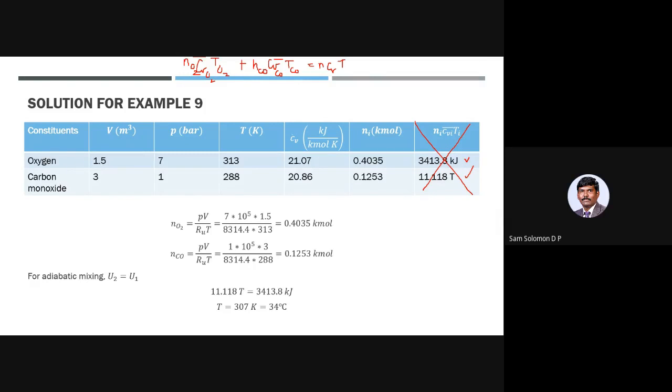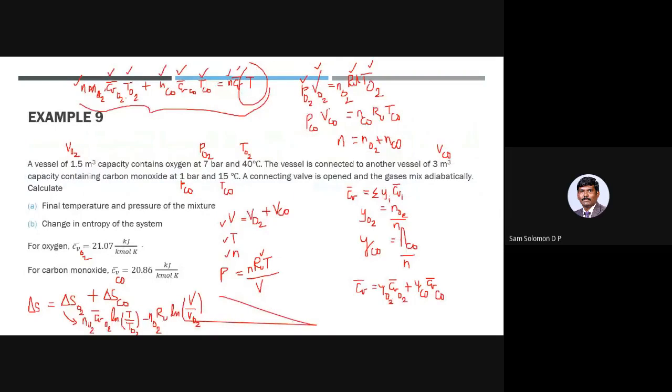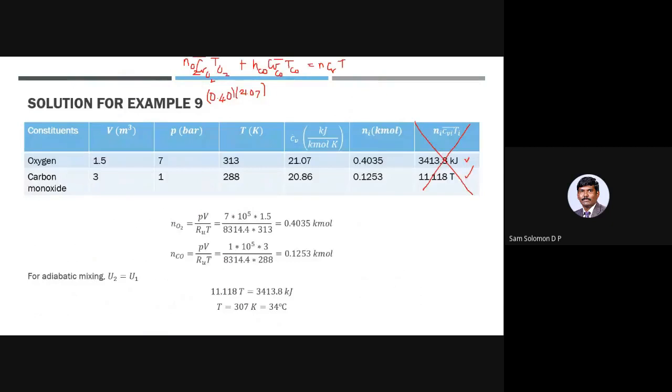N of oxygen here is 0.4035. Let me take it as 0.40. CV of oxygen is 21.07. T of oxygen, how much was it? 40 degrees centigrade, which means 313 Kelvin.